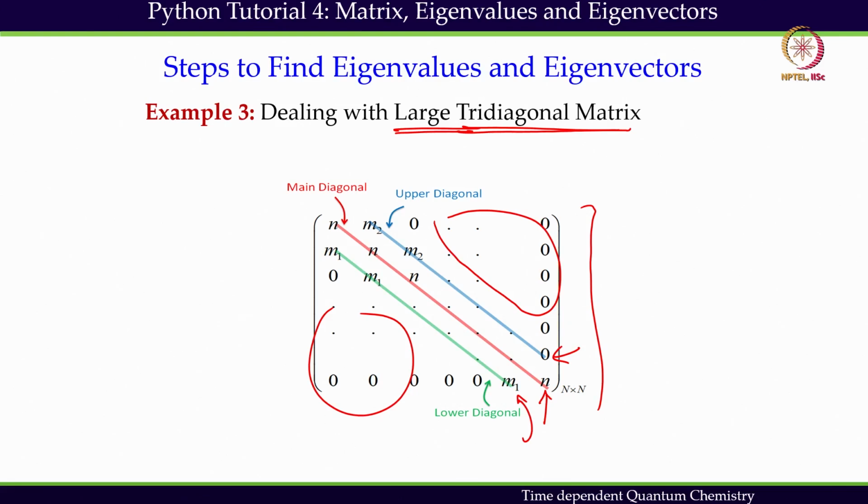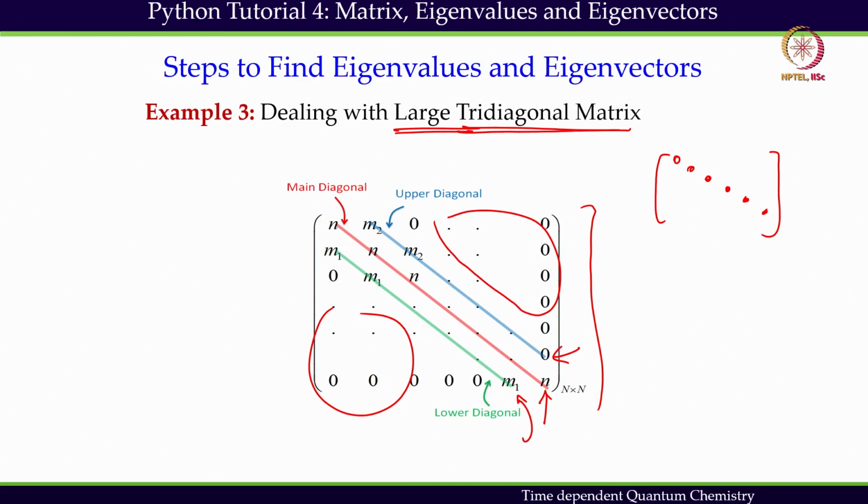A square matrix possessing non-zero elements only in the main diagonal is called a diagonal matrix. So, if I have a matrix where only the diagonal elements have non-zero values and the remaining part is 0, then it is called a diagonal matrix. The main diagonal of a matrix consists of elements that run from top left to the bottom right.